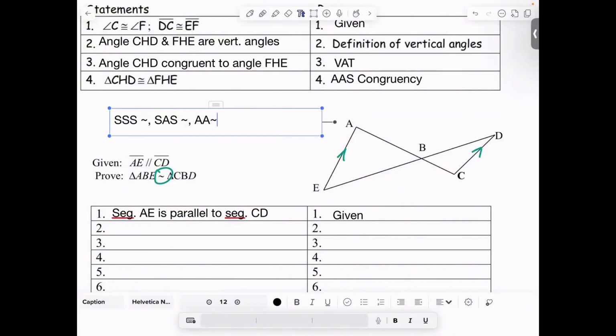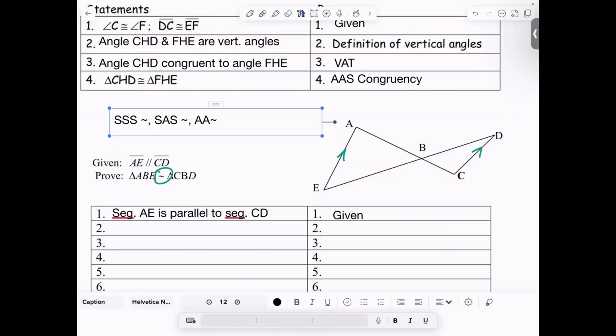And just to go over the definitions of these similarity theorems, triple side, just like congruency, triple side just means if we have the sides in proportion to each other, right? They don't have to be congruent, just in proportion.